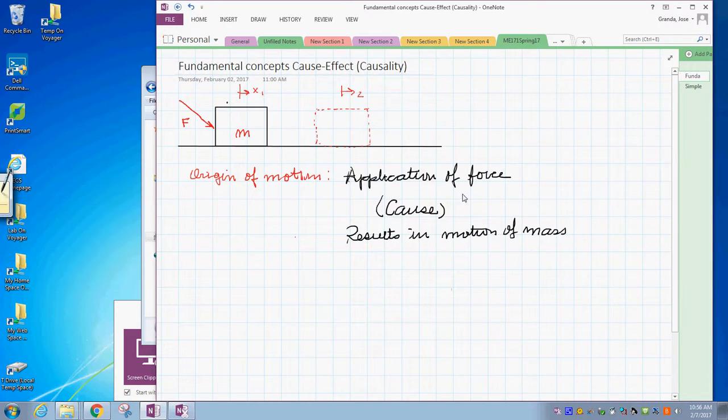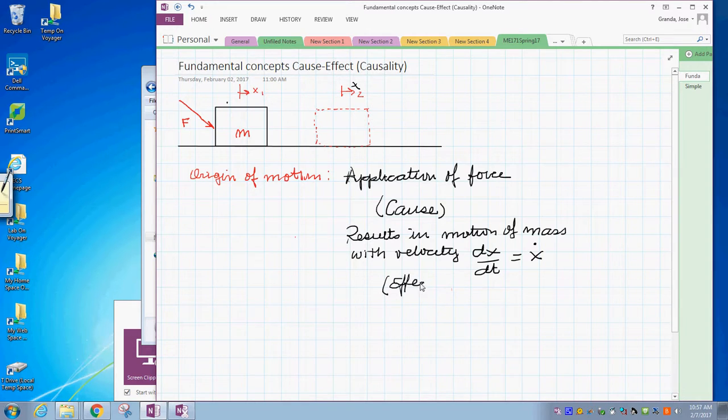With some velocity, you would say with velocity dx/dt, which we know as x dot. So this is the effect, cause and effect.